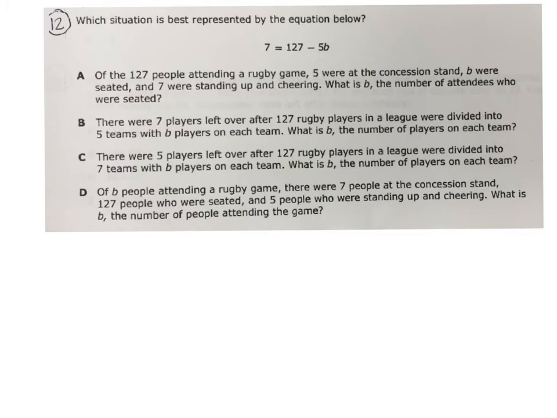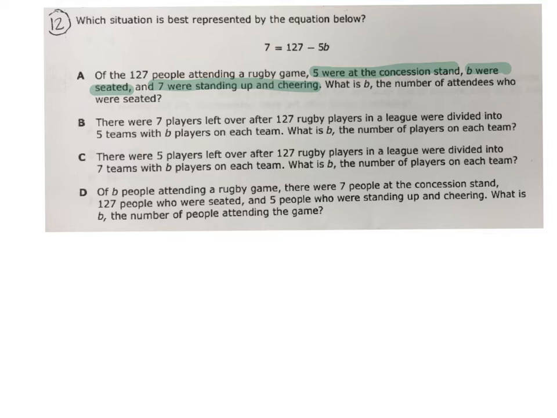Okay, on each one of these answer options, you have to read them very, very carefully. On A, it is saying very carefully that 5 were standing, B were sitting, and 7 were standing and cheering. What is B? The number of attendees.